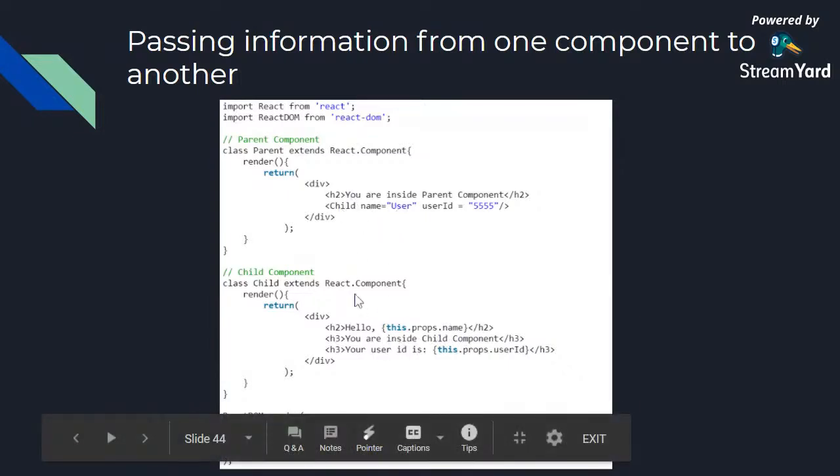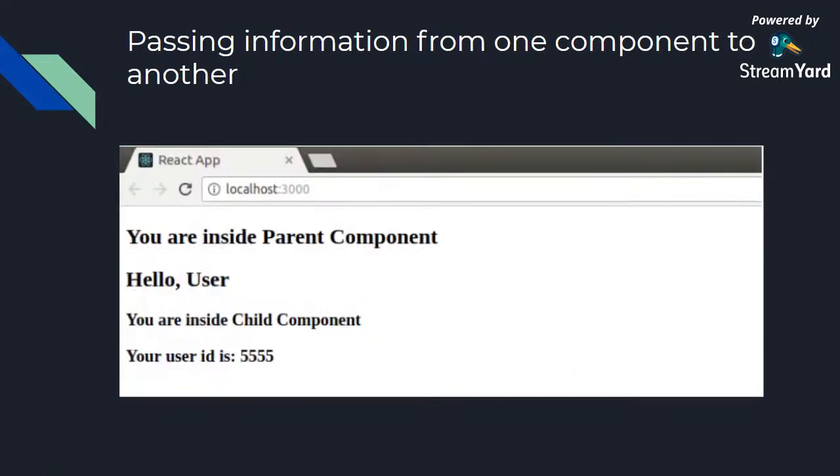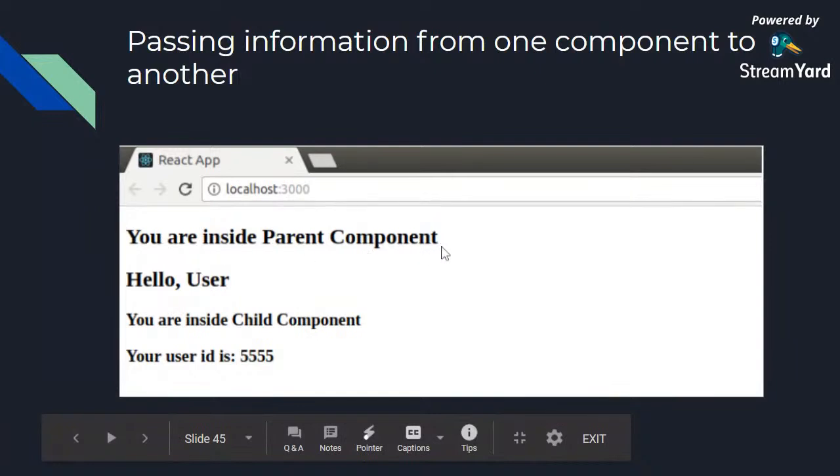So this is how we are communicating from the parent to the child, right? The values that are passed from one component to another component are called props, and we can use them accordingly, like here. So this will be the output of it: this is the h2 of the parent component, and then the user, and this is the child component with the value passed from the parent.